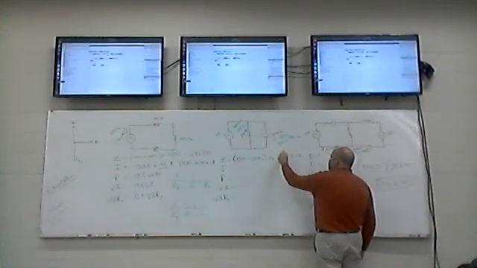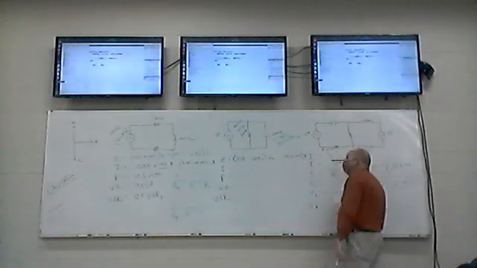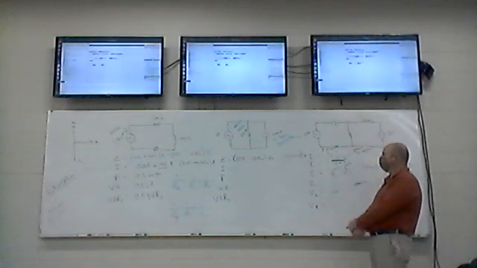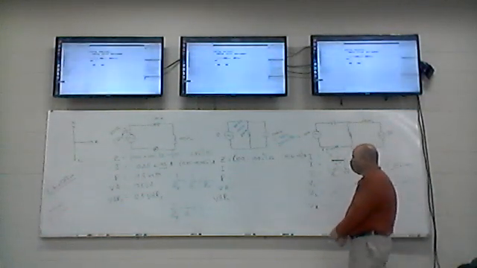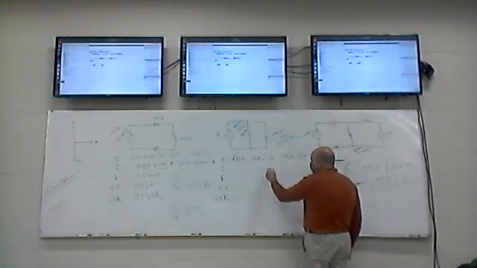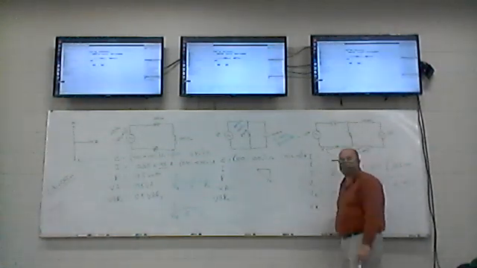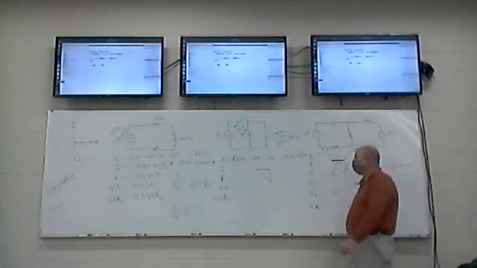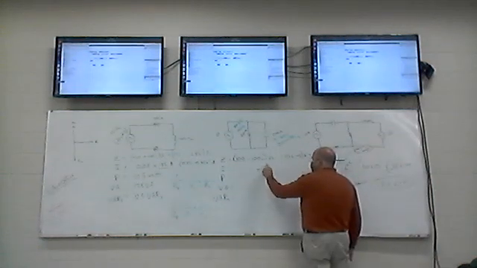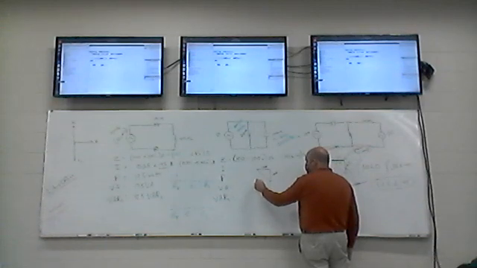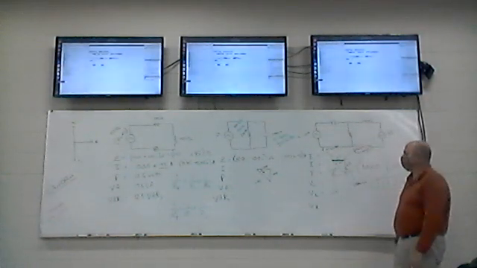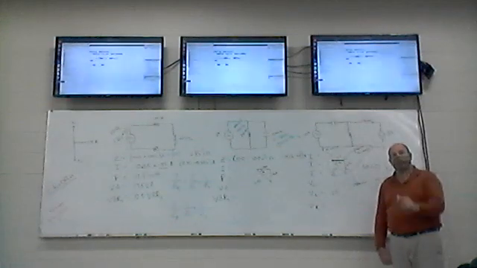Angle minus 45 ohms. Where are we getting the 141? If I go out 100, down 100, what's the hypotenuse? This is 141, and my angle will be minus 45. There's my impedance triangle.